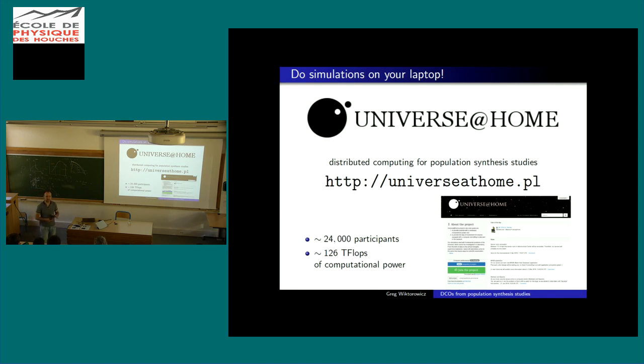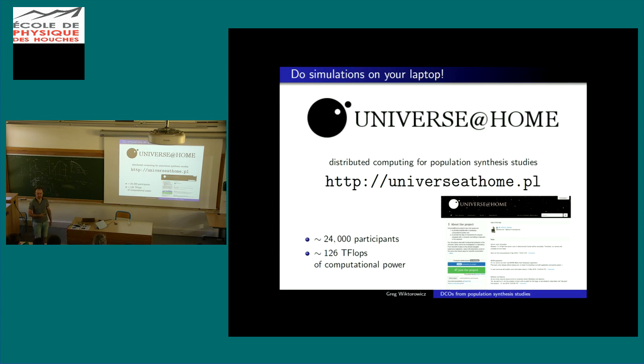These participants are slightly biased because they are mostly IT people or administrators of some SQL databases, so they have hundreds of computers and they connect them to our servers. Yeah, so we are very thankful for them.